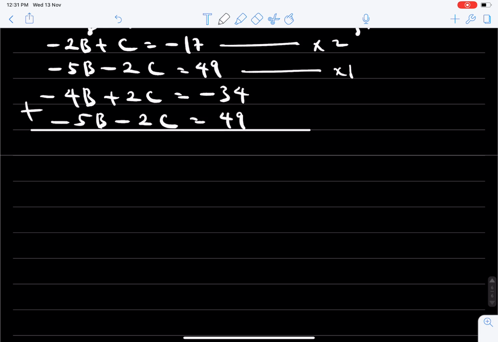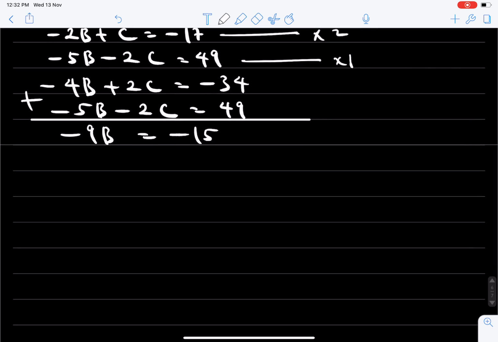Minus 4b plus minus 5b is minus 9b. 2c plus minus 2c is 0. That means minus 9b is equal to minus 34 plus 49. Minus 34 plus 49 is minus 15.